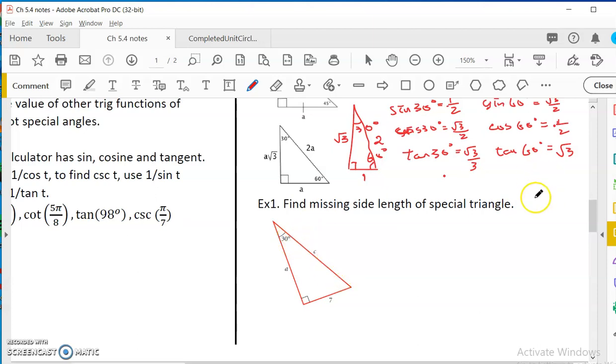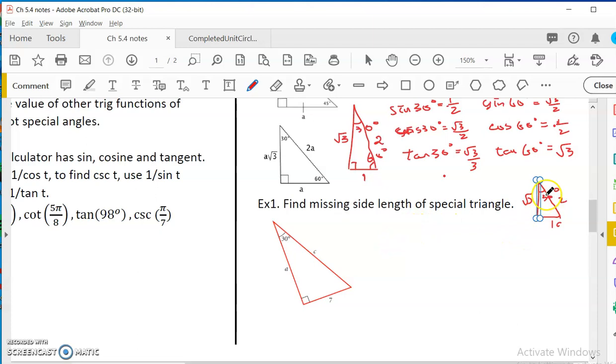We remember for a 30-60 right triangle, if I redraw it, if this is 30 degrees, I would have 1, 2, and root 3. So this is the side lengths of the 30-60 triangle.